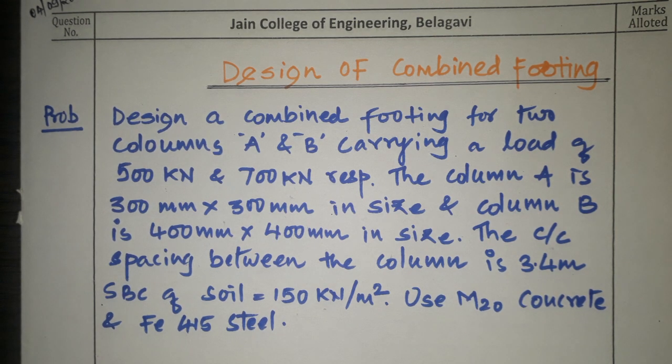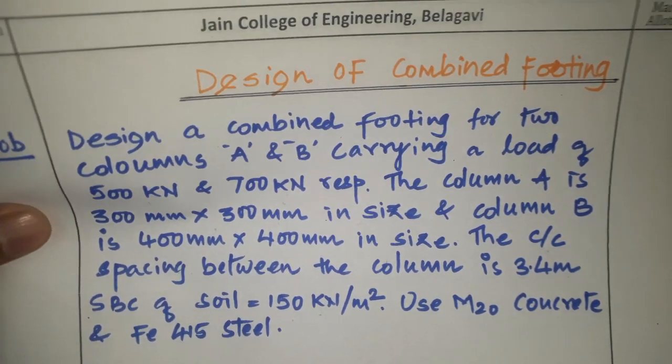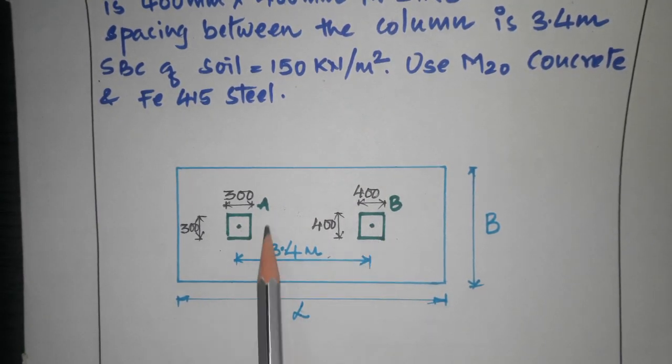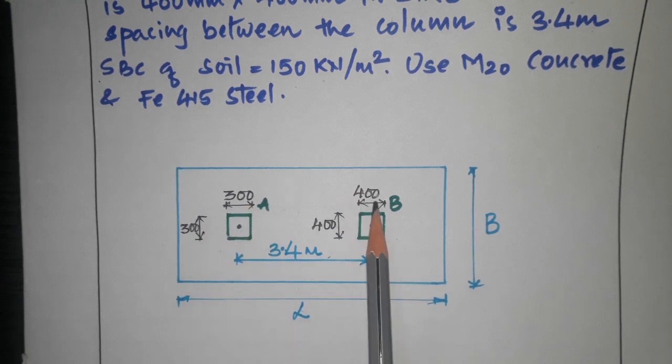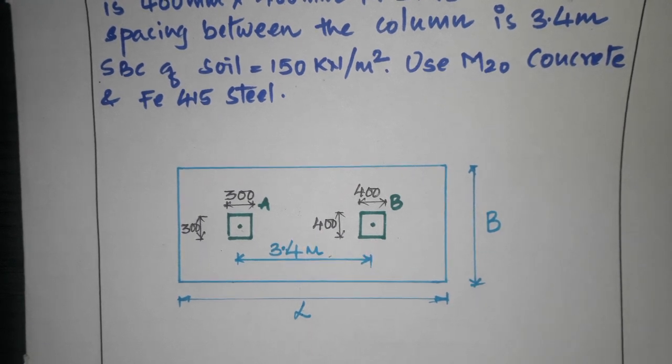As per the given data in the problem, we have a sketch here. We have two columns, column A and column B, 300 by 300 and 400 by 400, and the center to center distance between both the columns is 3.4 meter.